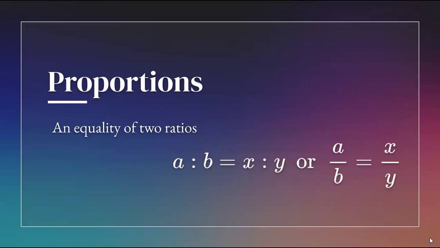You can see here they're all variables, but ratios in general and specifically in proportions can have any combination of variables and numbers. And oftentimes you'll see proportions with just one variable and you'll have to solve for that variable, or things like that. Maybe you'll have two sets of proportions and each one will have two variables and you'll have to figure out if those are equivalent. So you can do that as well.